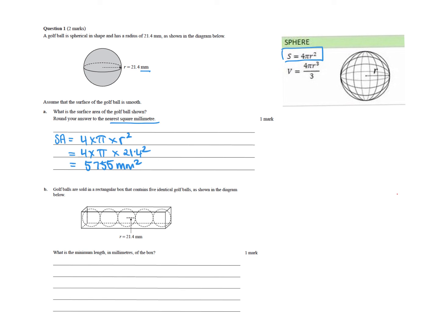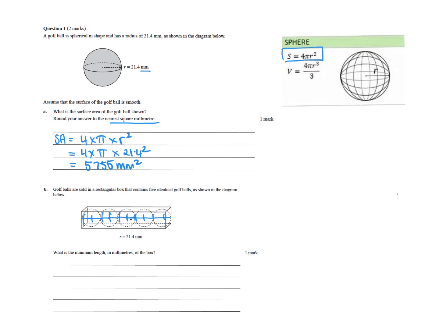Okay, and then it says the golf balls are sold in a rectangular box and contains 5 identical golf balls as shown below. What is the minimum length of the box? So if you've got the radius of 21.4, really you think about it, you've got how many radiuses? You've got 1, 2, 3, 4, 5, 6, 7, 8, 9, 10.